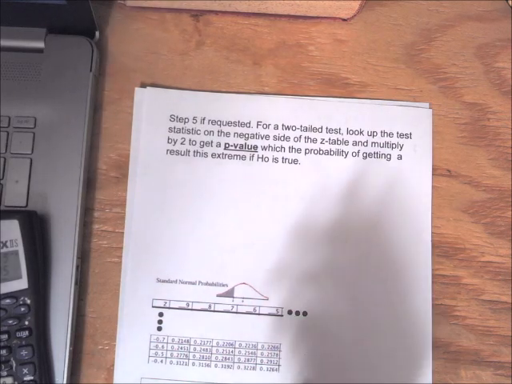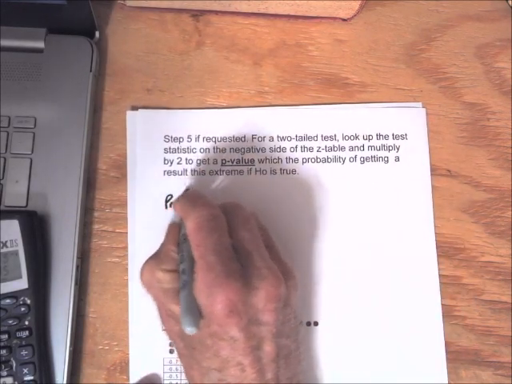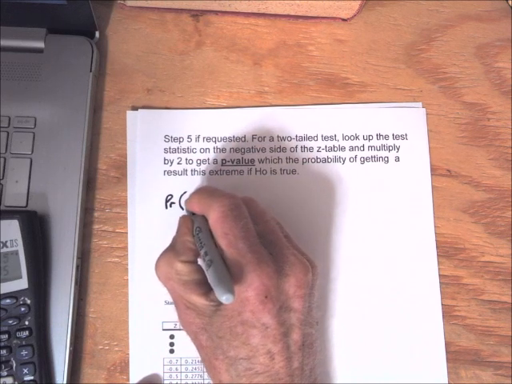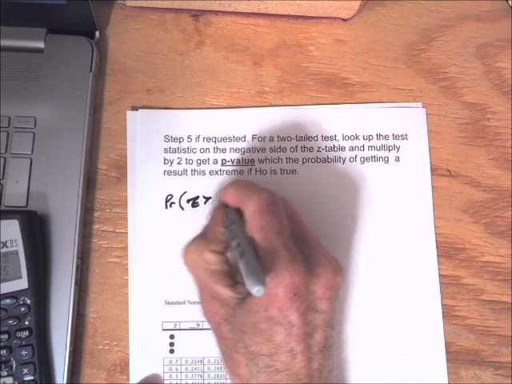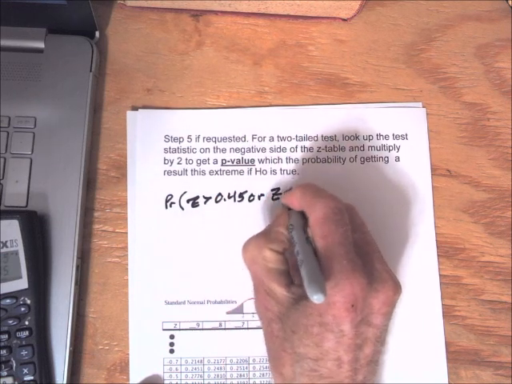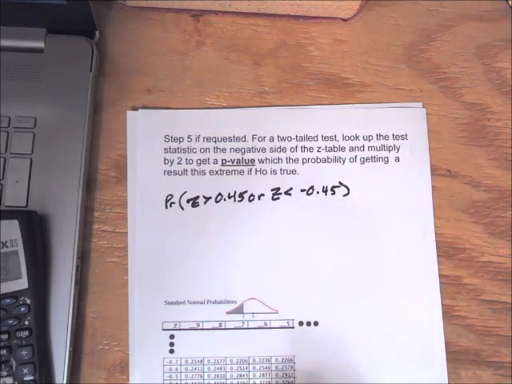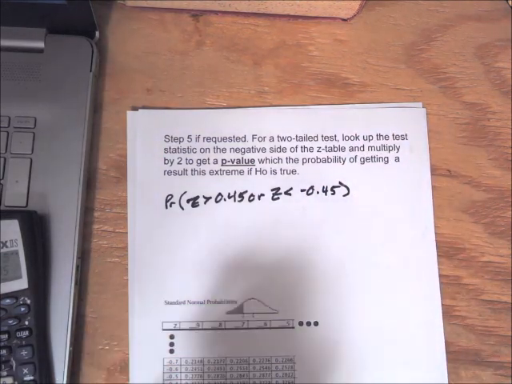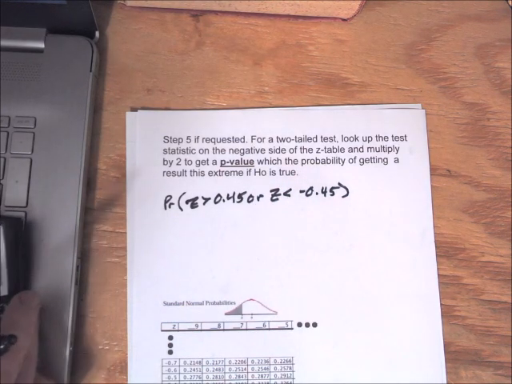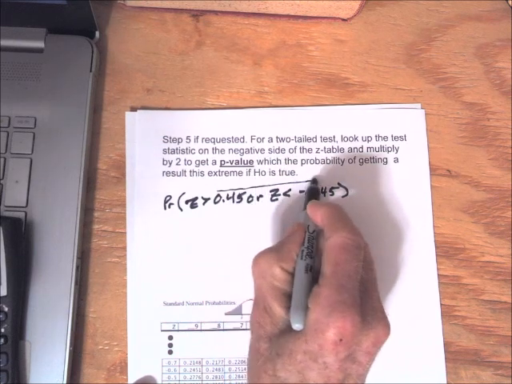So we want the probability that z is either greater than 0.45 or z is less than negative 0.45. So this is a two-sided test. So we want to include both extremes, because a coin is unevenly weighted if there's either more heads than tails or fewer heads than tails.